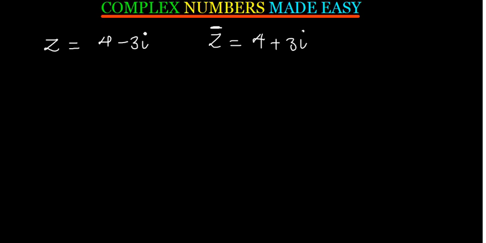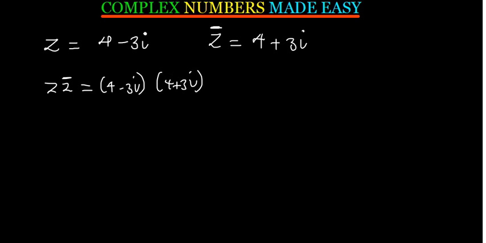So you can as well find z times z bar. So z times its conjugate will be 4 minus 3i multiplied by 4 plus 3i. Just like we are able to see here, this is the difference of two squares, because the only thing that is different is the sign in the middle.